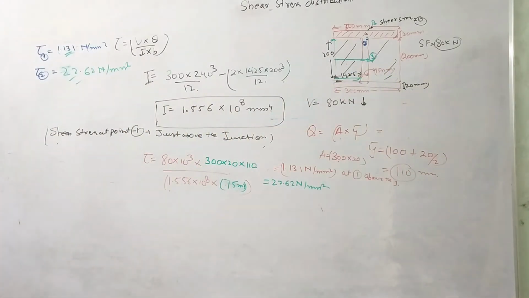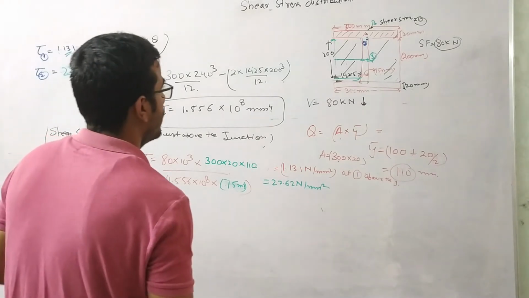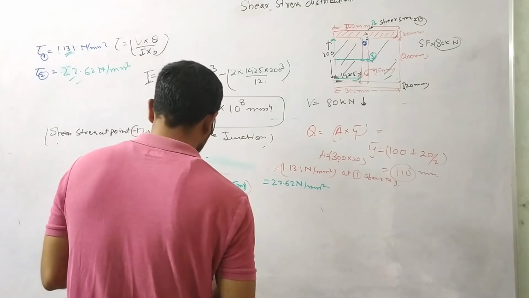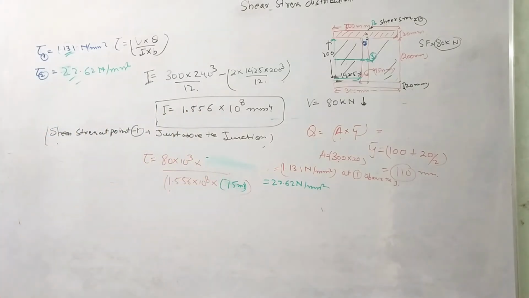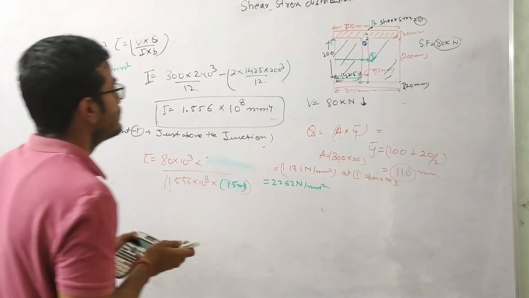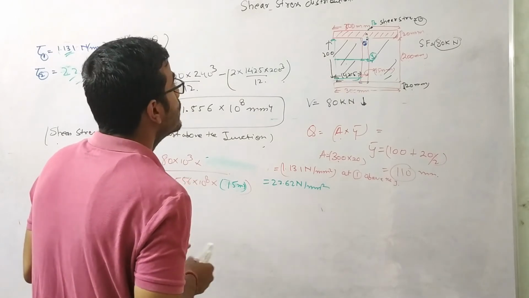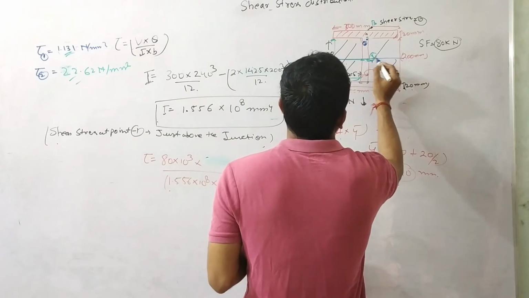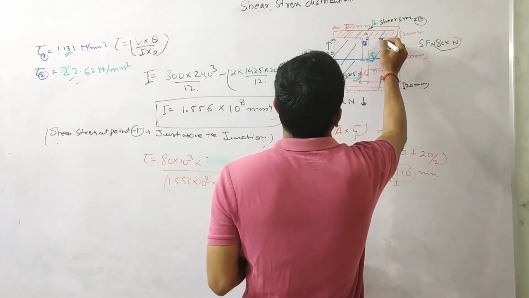For this point my area will change and my width will remain the same, that is 15 mm. I need to calculate the area, which I will consider as this complete area.